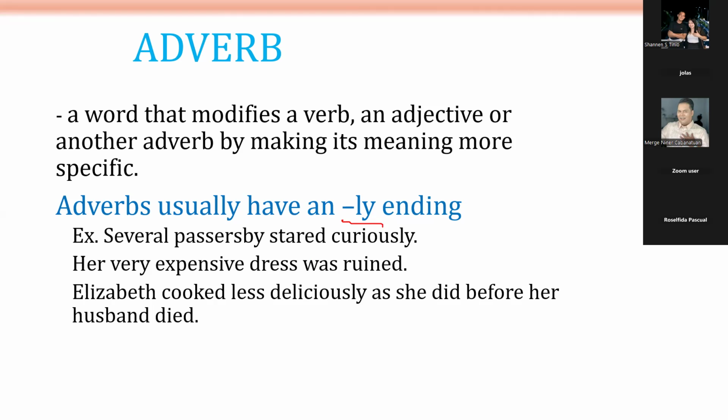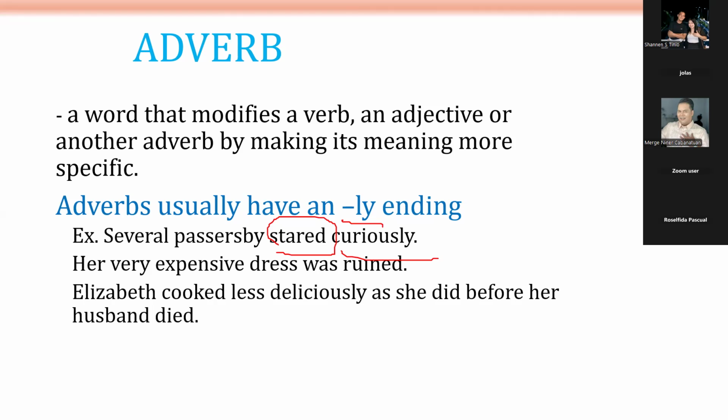Several passersby stared curiously. The adverb is curiously. It modifies the verb stared. So, if you ask the question how, when, where, to what degree, that's when you identify your adverb. Okay, so how did the passerby stare?